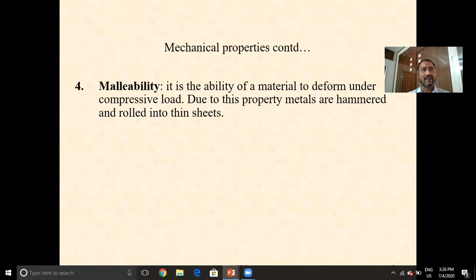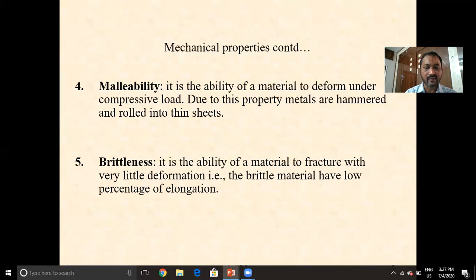When two equal and opposite pushes are applied, the material is under compression and it can be rolled into thin sheets. So this property is called malleability. Gold, silver, aluminum and brass have the malleability property, and because of this property only, the materials are rolled into thin sheets.